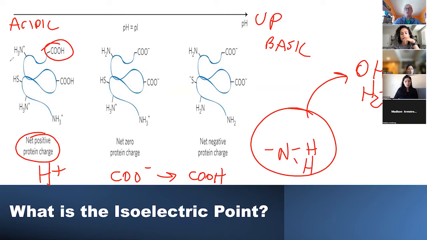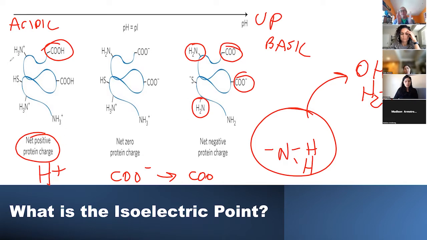But what it will also do is pull that proton off of the carboxylic acid and make that negative again. So under basic conditions, we're going to have a net negative charge because you're going to have a lot more negative charges than positive ones. And so we'll have more negative charges.